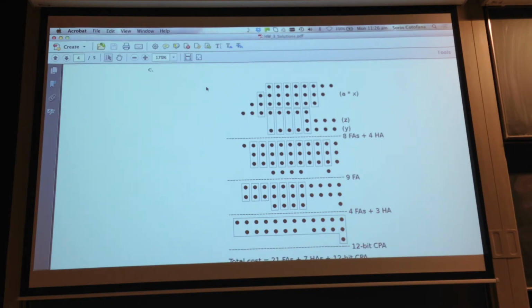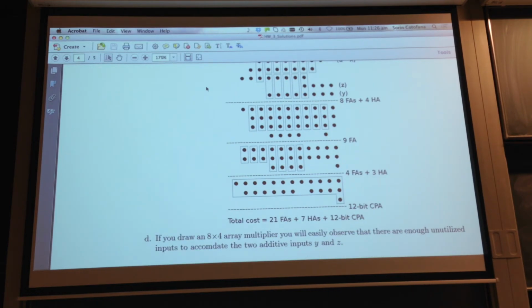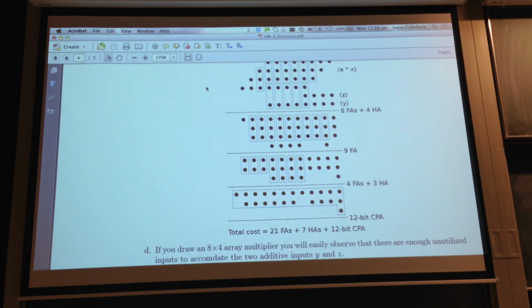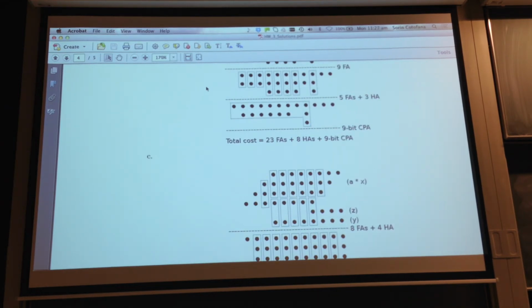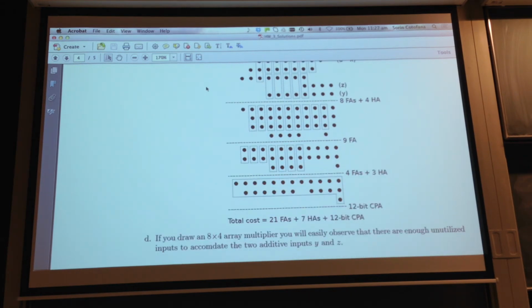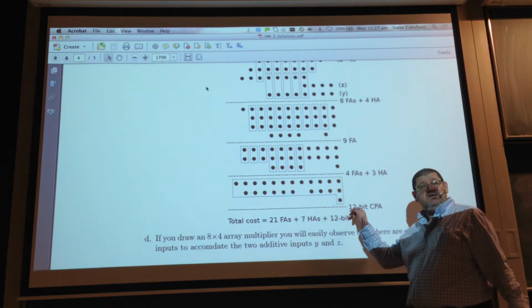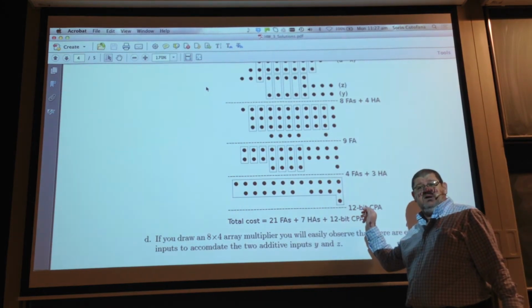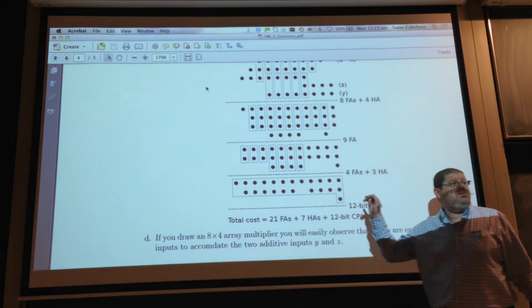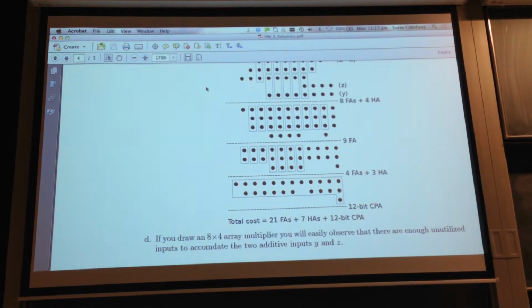You see, I'm doing less work and I am obtaining a different cost. Now what you see, it's here in this design, it's very much clear that Dadda managed to save me some hardware, but generated me a 12-bit carry propagator instead of a 9-bit, right? It was 9-bit.